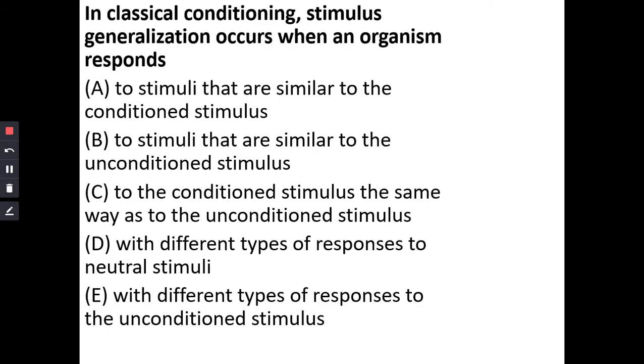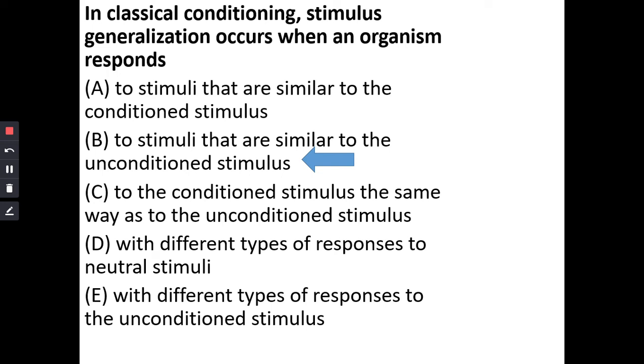All right, here's an AP question. In classical conditioning, stimulus generalization occurs when an organism responds to what? Okay, hit pause. The answer is, okay, so that's an interesting question, okay?